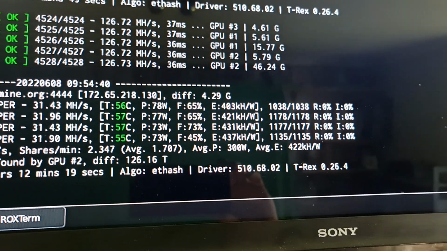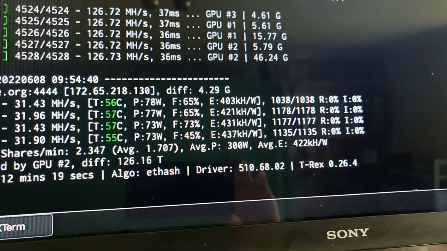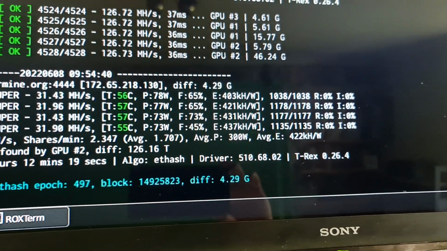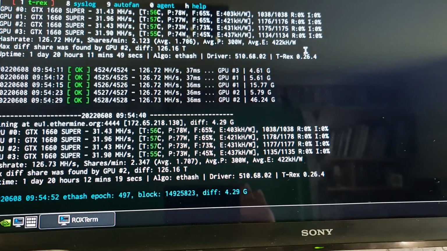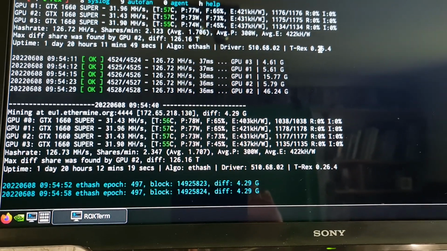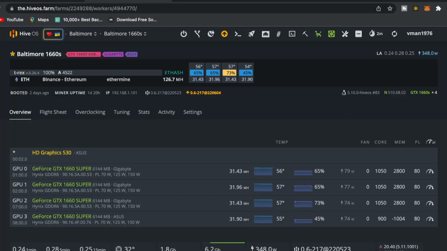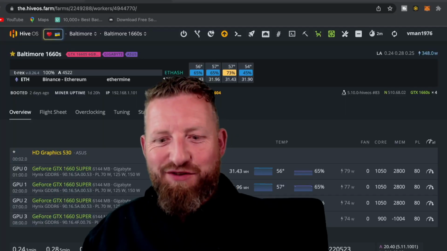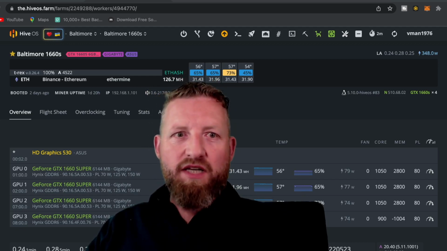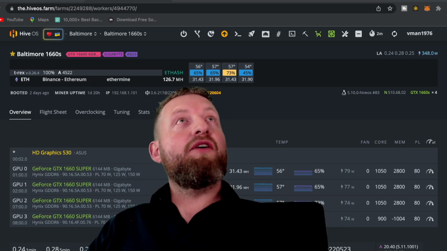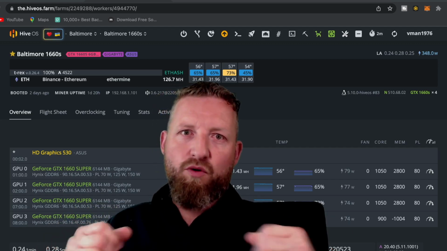It's currently at 422 kilohash per watt, and we're getting 126.73 megahash per second right now. So looking at those figures, that's not bad at all. You're getting a great megahash, and profitability wise, kilohash per watt.